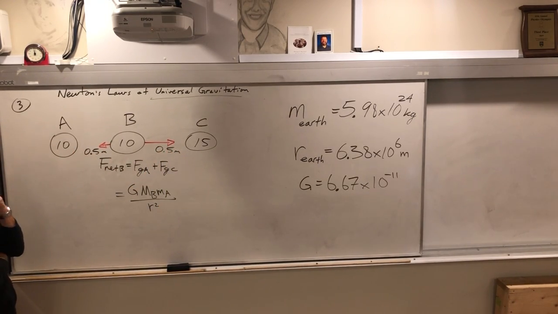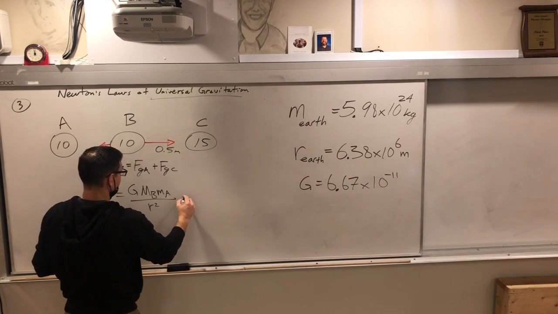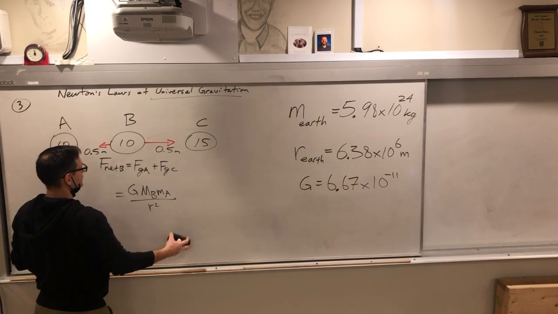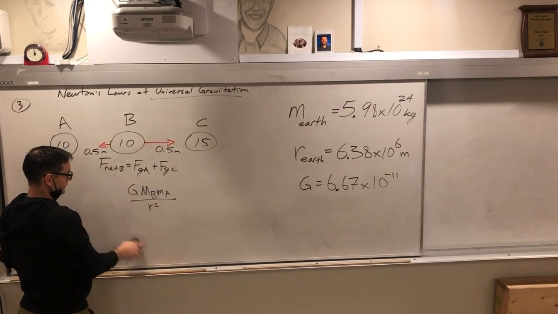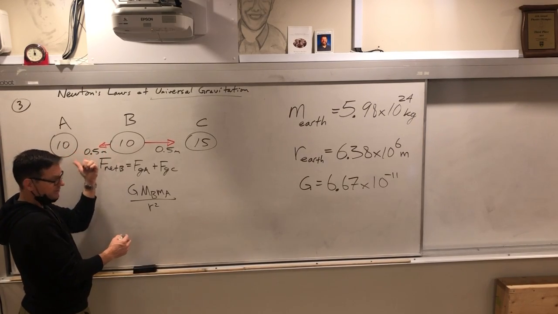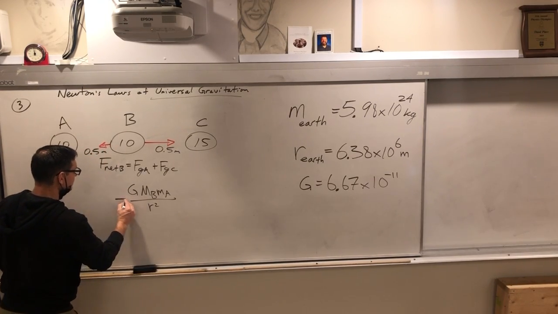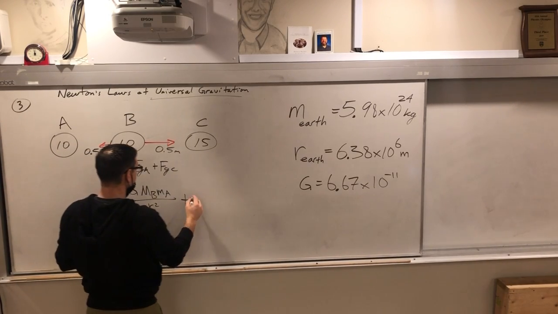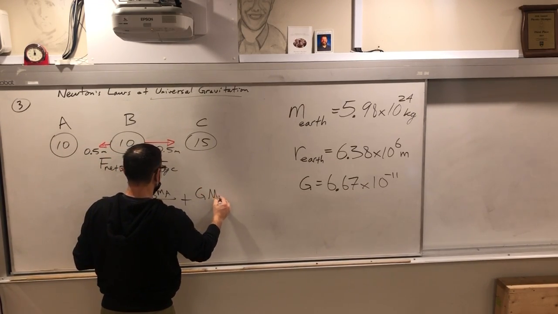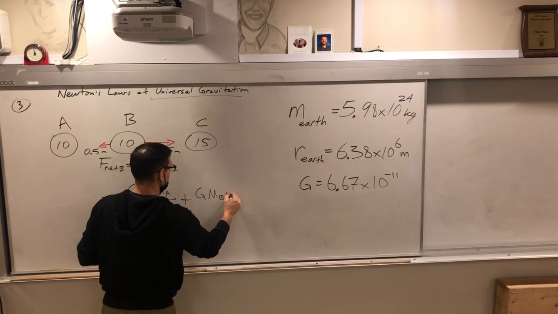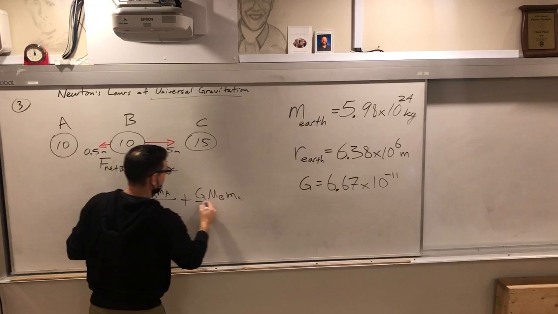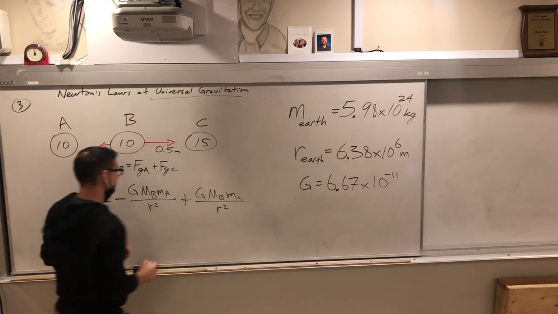Okay, and then we have to add, should we just make it negative to start with? This has to be negative because of the direction. So let's make that negative. And then we have to add the C one, which is going to be G, MB, MC, so just these two masses to find the force over R squared.